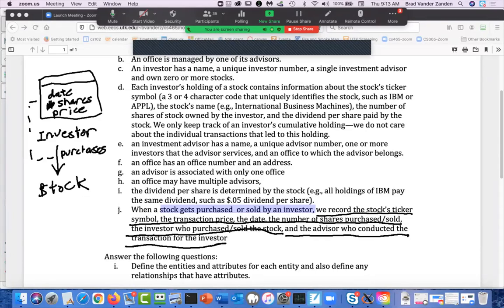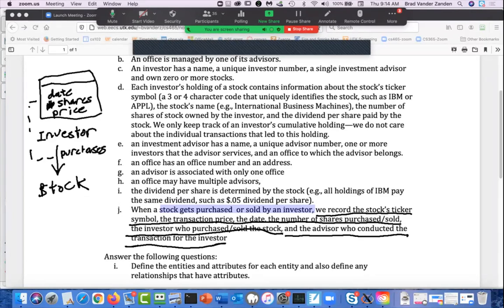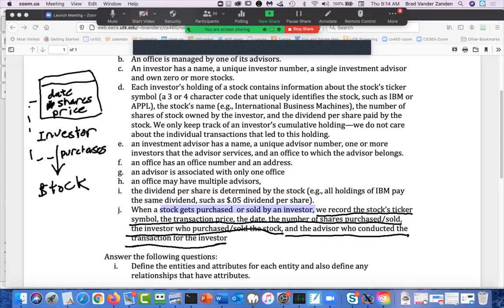So it turns out that this is a three-way relationship. An advisor purchases the stock on behalf of the investor. So it is actually a three-way relationship between an advisor, a stock, and an investor.